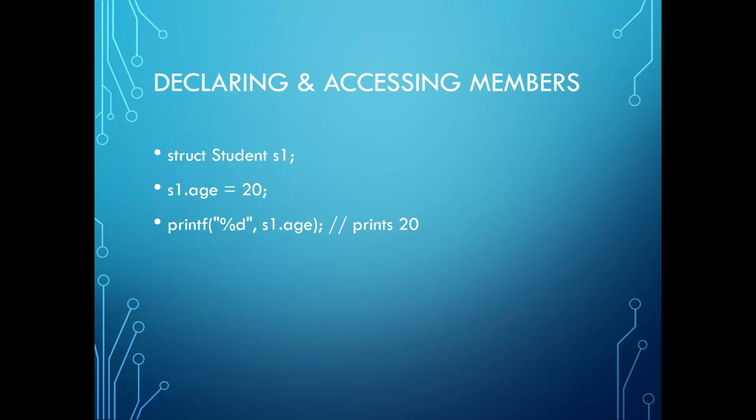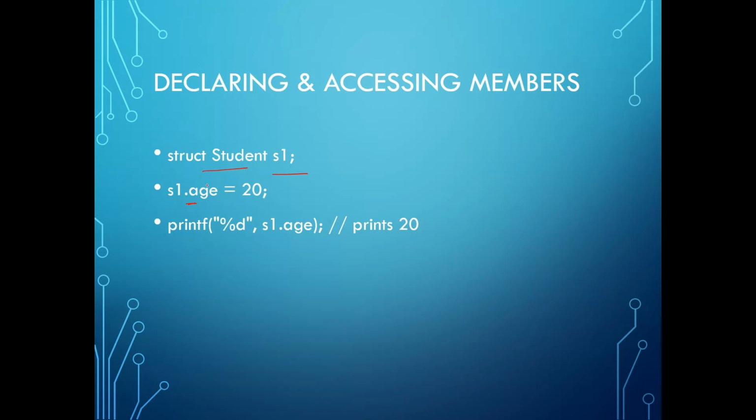So how can we declare and access members? Once a structure is defined, we can create variables from it. If you're seeing here, we are declaring student S1. So here S1 is a student object. We use the dot operator to access its members.